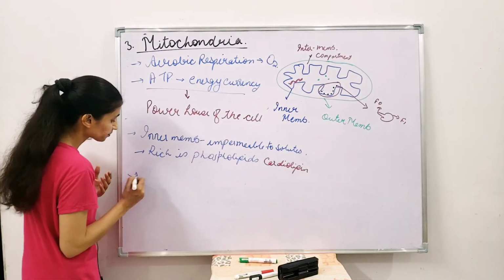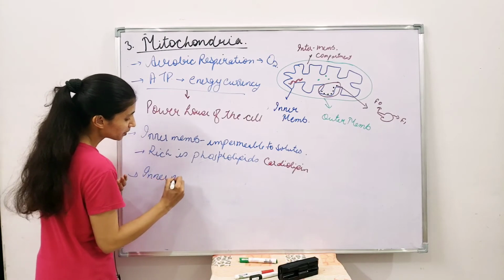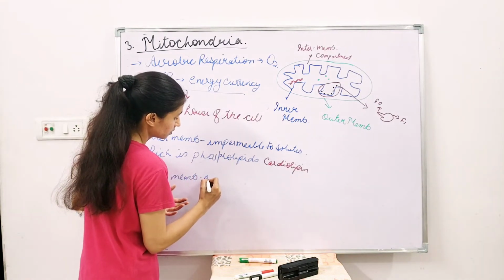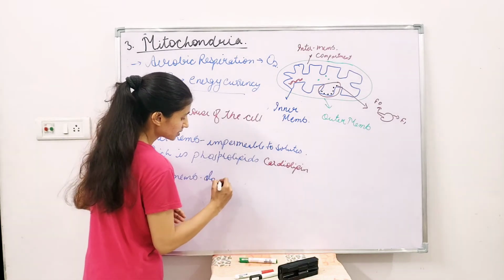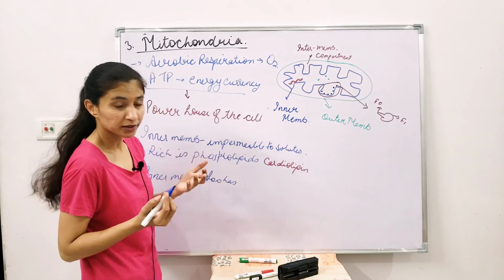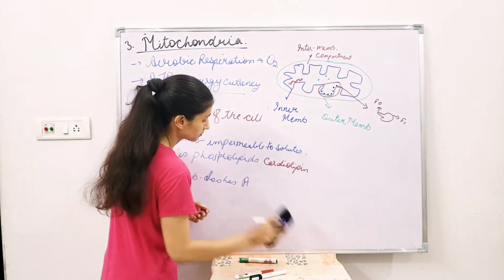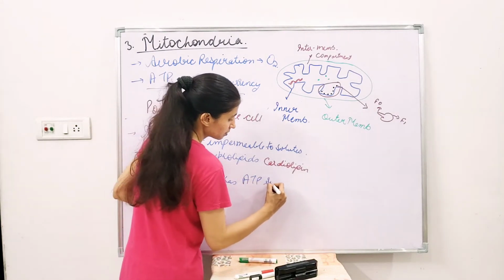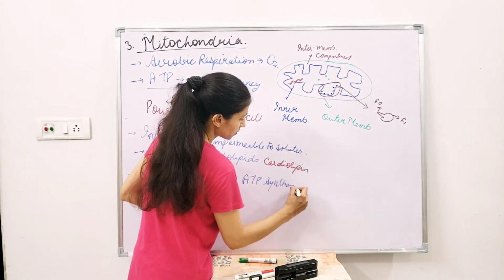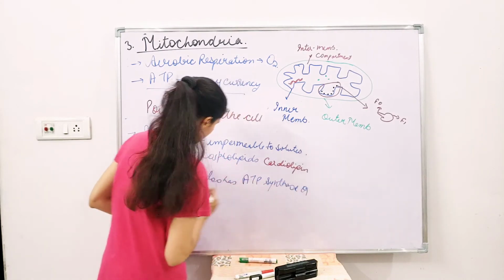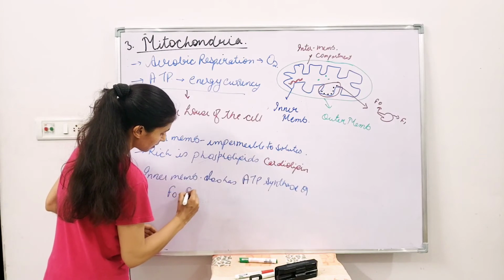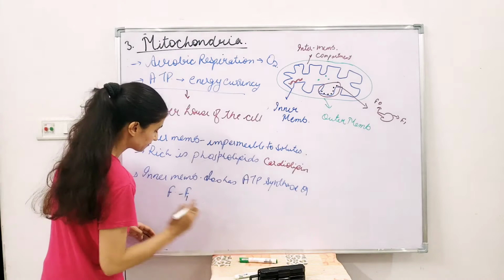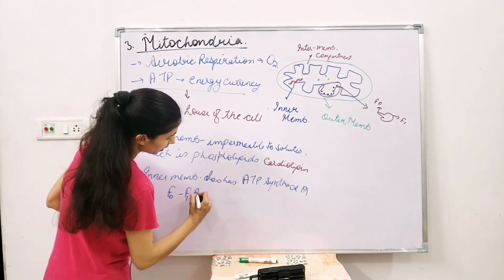Other than that, the inner membrane also has a very important enzyme which we call ATP synthase, or F0, F1. When I say F0, F1, it means F0, F1 ATPase.